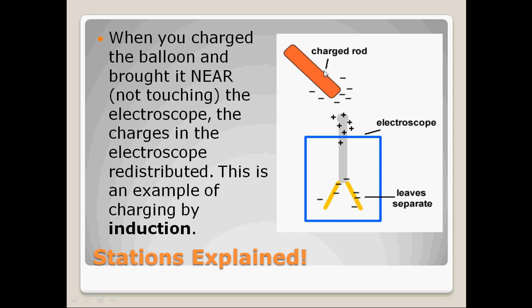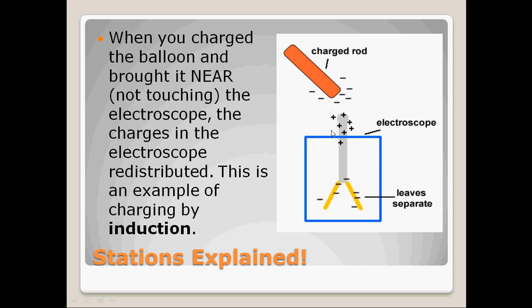Those extra electrons are giving this object a negative charge. Now what happens then is all the electrons that are up here at the top of the electroscope are repelled by these electrons, so they run away down into the leaves as far away from these electrons as they possibly can.